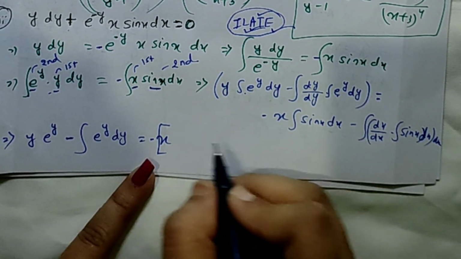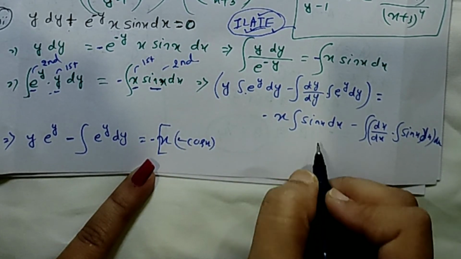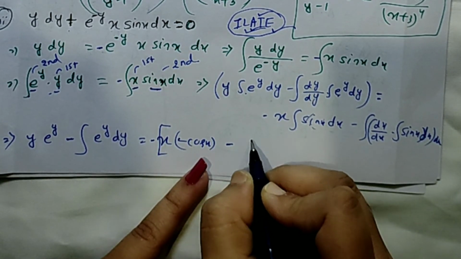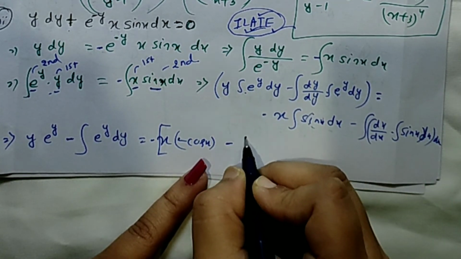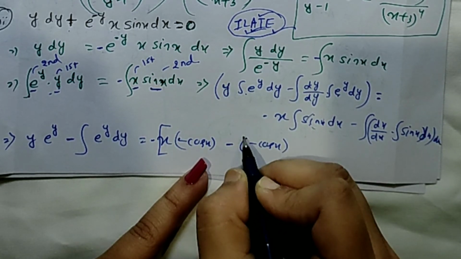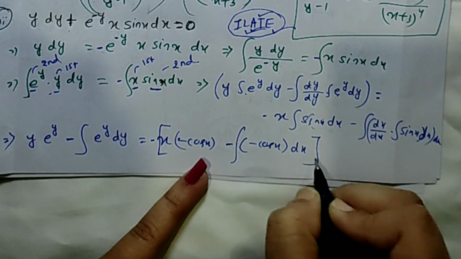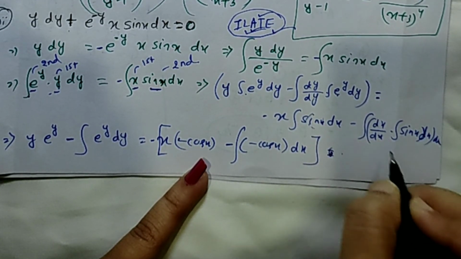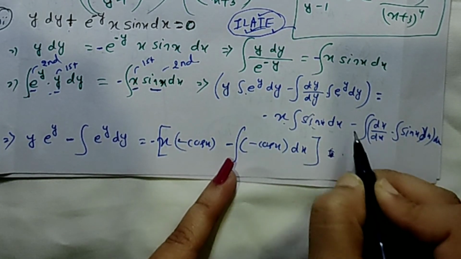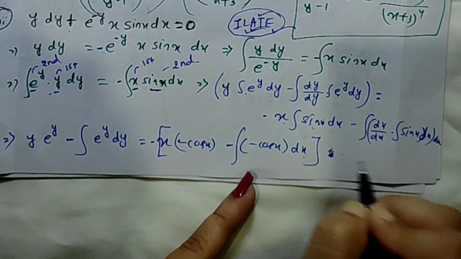The integration of sin x is minus cos x. Derivative of cos x is minus sin x, so integration of sin x is minus cos x, minus integration of sin x is minus cos x into dx. Derivative of x is 1, and sin x integration is minus cos x into dx.